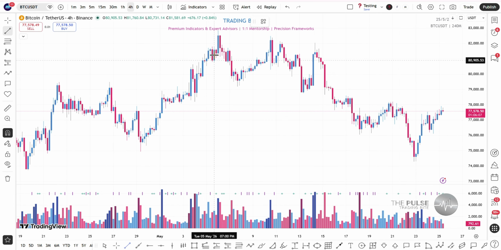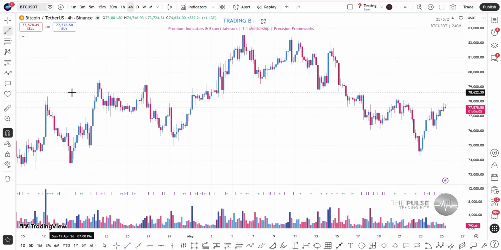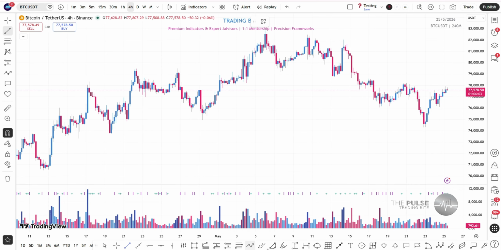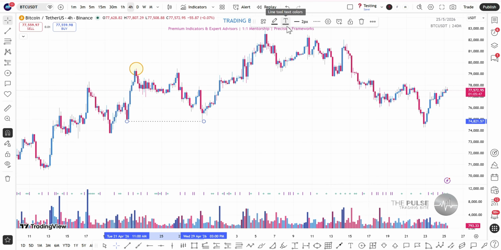Here we are going to mark, let's say this is our highest point for now. According to this high point we have this valid inducement. So this is our inducement according to this high point.